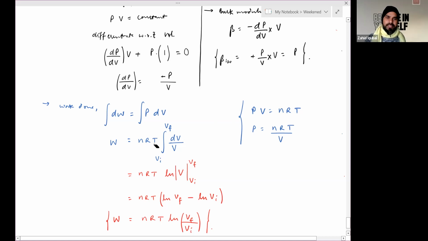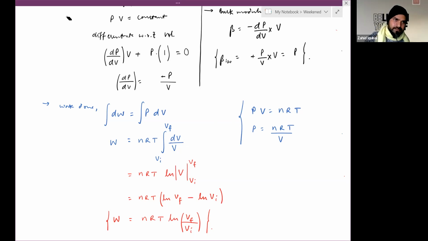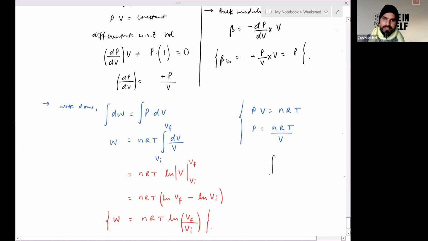So nRT is constant, so keep it outside. We're left with dV divided by V, which is similar to 1 by x. On integration, it will give you the natural log of x. Integration of dx by x is ln x. That's the first property which I've used. The second property of log is log m minus log n.